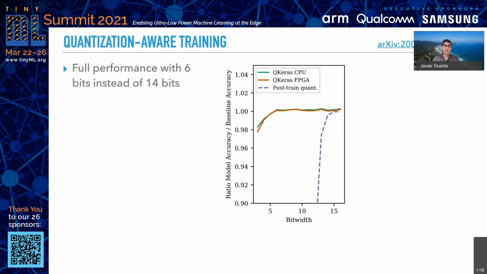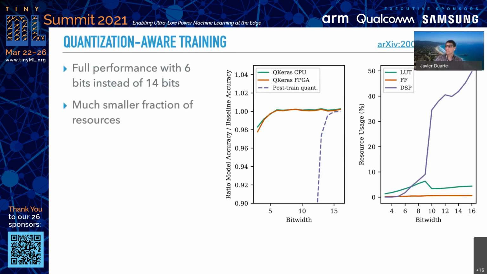And so what we show here is a comparison between a naive post-training quantization, where we see that we need 14 bits on the FPGA to reproduce the full accuracy of the model. But with quantization-aware training with QKeras, we can get down to 6 bits, and we see that the FPGA does reproduce that accuracy, which of course means that we need a much smaller fraction of the resources on the FPGA.